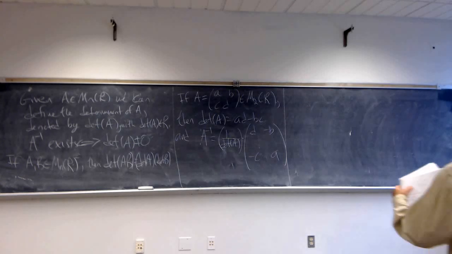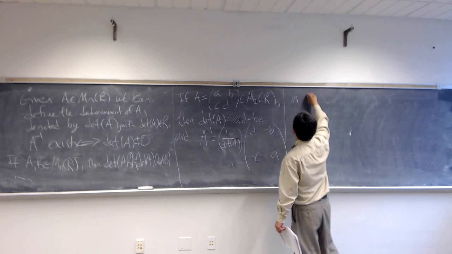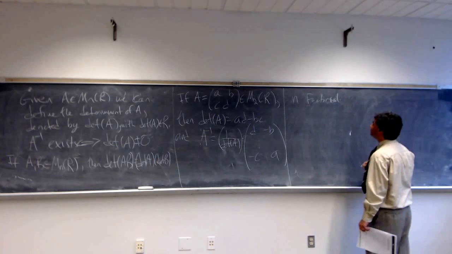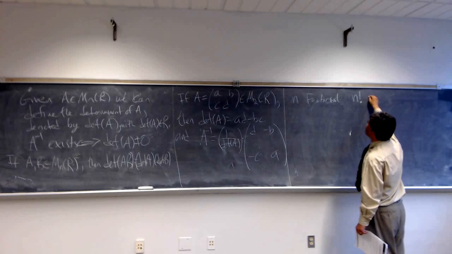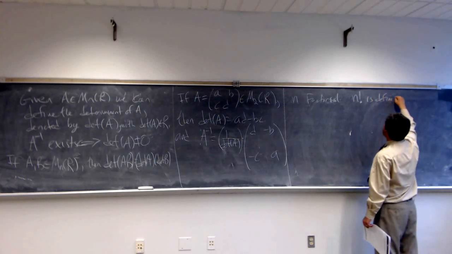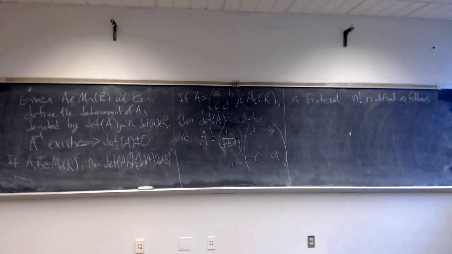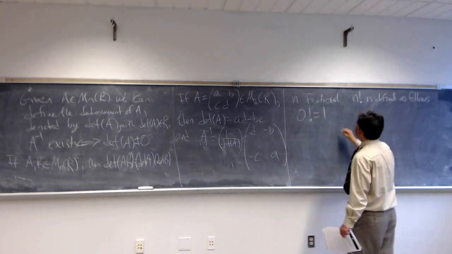So we look at that. To first set this up, we define what's called n factorial. This is denoted by n with an exclamation point. 0 factorial is by definition 1.